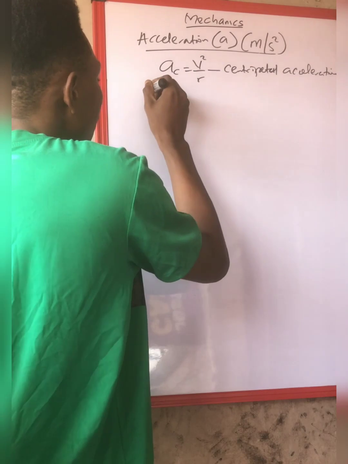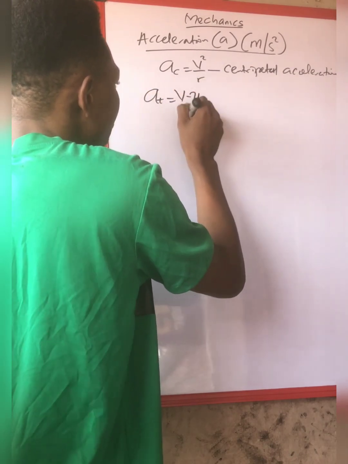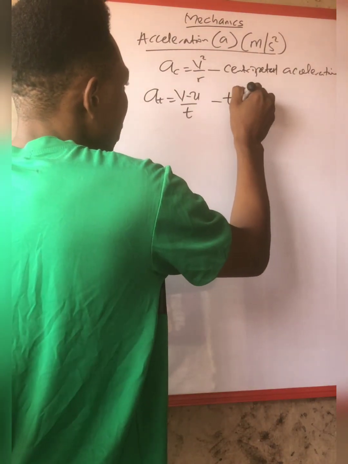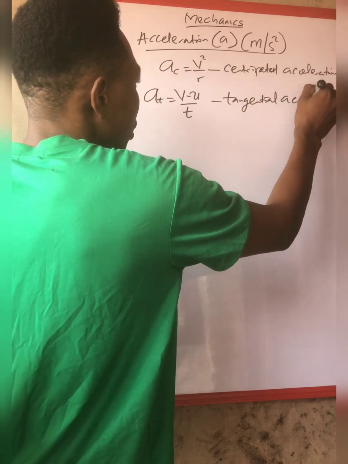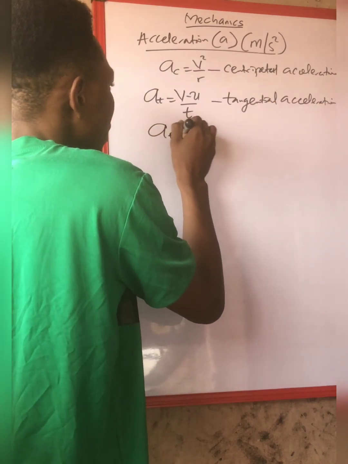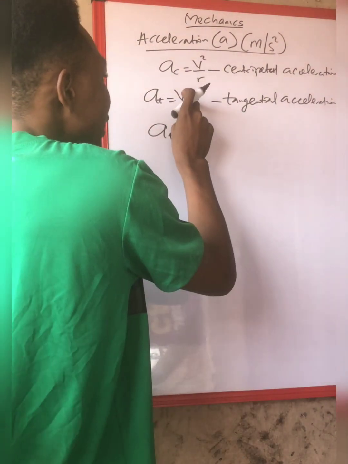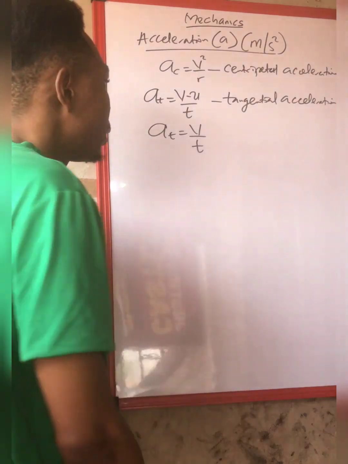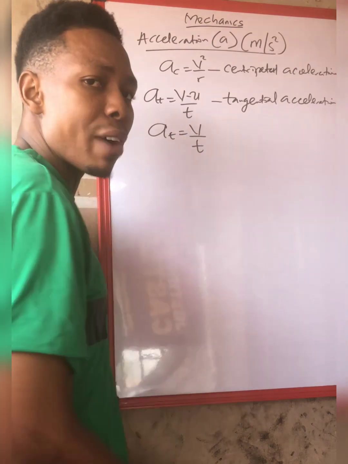So we also have AT equals V minus U over T. Okay, this one is known as tangential acceleration. Or you can also write it as AT equals V over T. That is, when your initial velocity is at rest, and the value is 0, it becomes V minus 0 all over T. So we get also V over T.